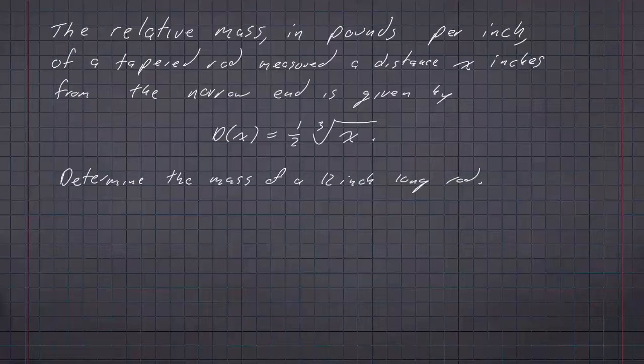The relative mass in pounds per inch of a tapered rod measured a distance x inches from the narrow end is given by d of x is 1/2 times the cube root of x. And our instructions are to determine the total mass of such a rod, which is 12 inches long.